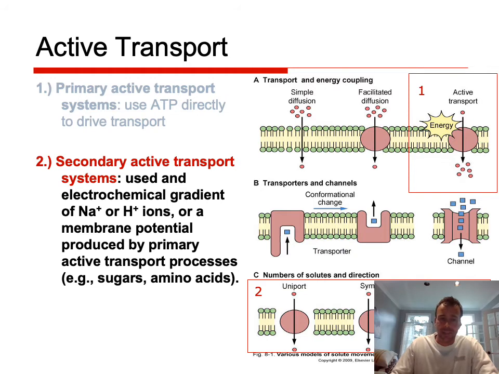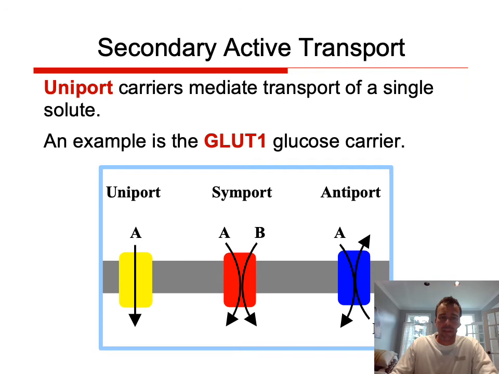These are active transport mechanisms because one of these molecules is at least going against the concentration gradient. So uniport again is transport of a single molecule across the membrane. An example of that is the GLUT1 glucose carrier. This differs from the symport, which again, two molecules are going in the same direction, and then antiport, A is going in and B is going out.